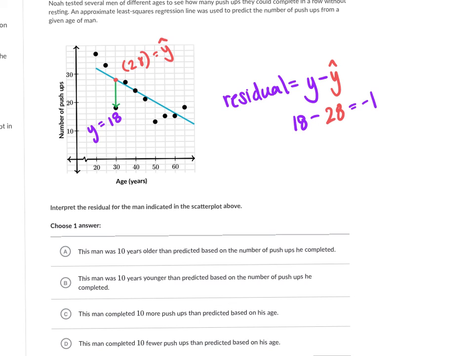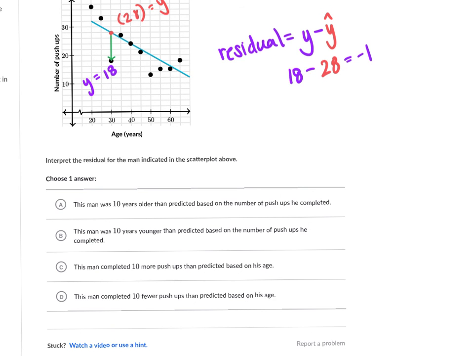So in this case, because the residual is negative 10, he was predicted to do 28 push-ups, but he could only do 18. So that means he fell short of his predicted value by 10 push-ups. So in this particular problem, that means this man completed 10 fewer push-ups than predicted, based on his age.